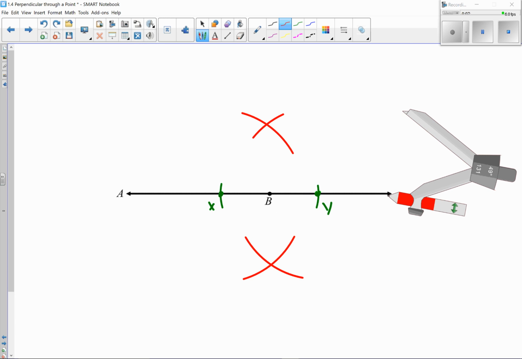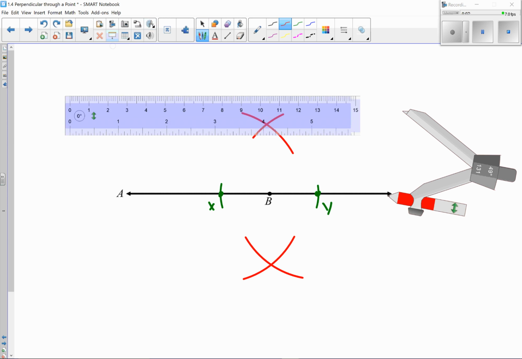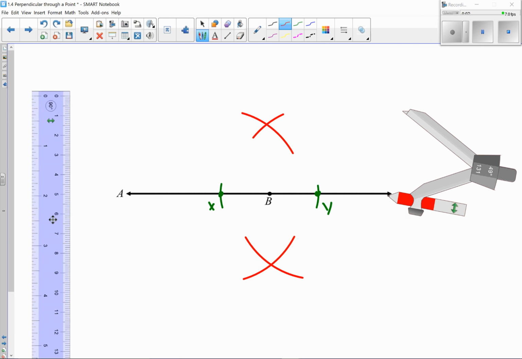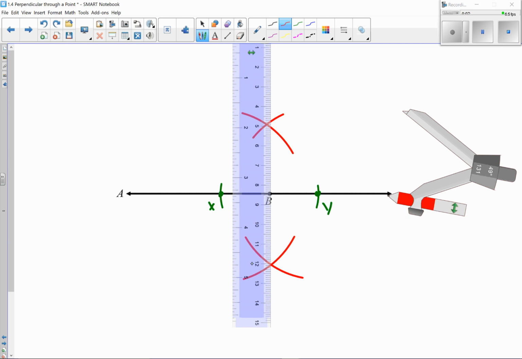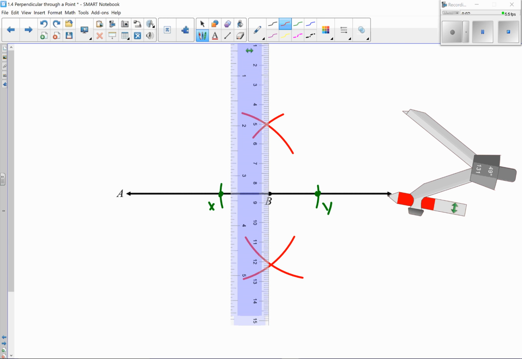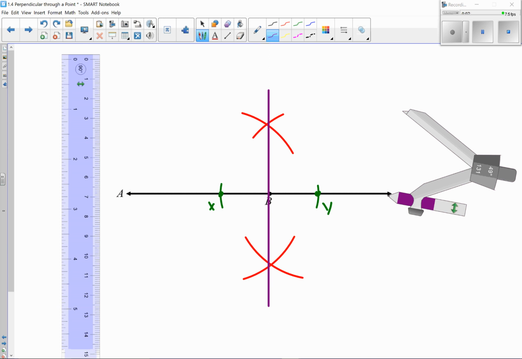Once again, as you can see, I have now created two intersecting arcs. If I take my straight edge and connect those two intersection points, we get a line segment that runs straight through B and goes through those two intersection marks.